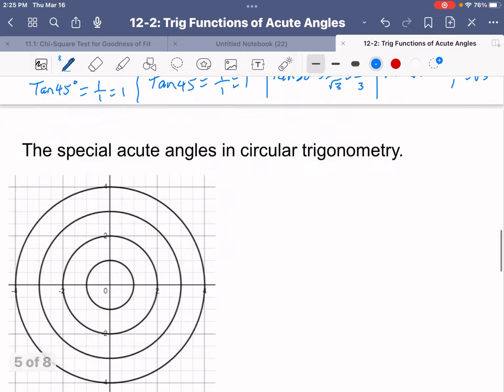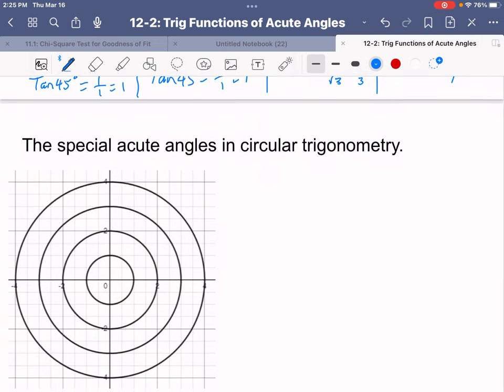If I go to the circle with a radius of 2, and I notice that the y-coordinate is 1, well, where does that circle with a radius of 2 correspond to a y-coordinate of 1? It's right there.